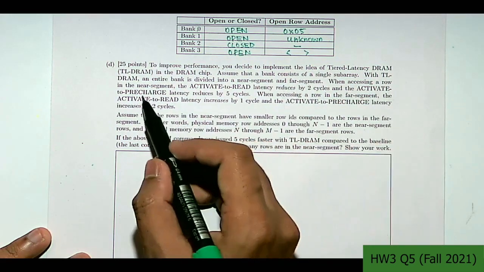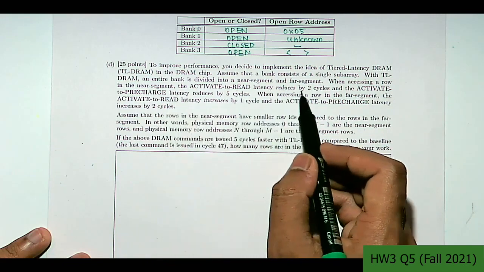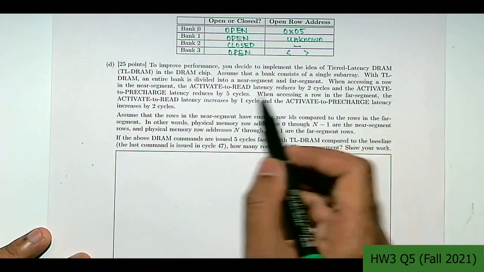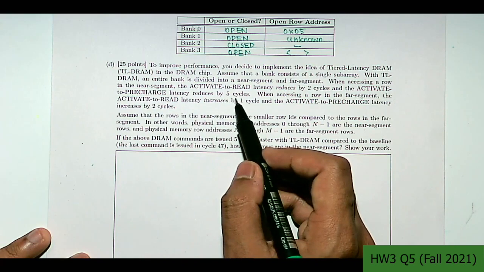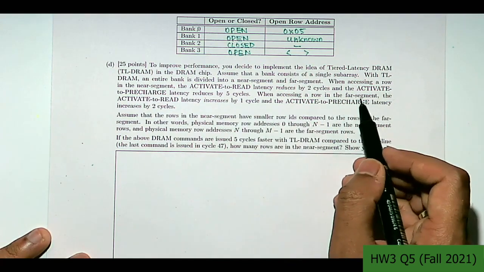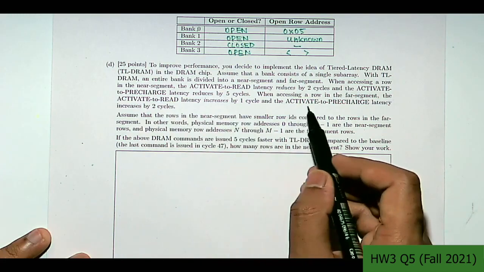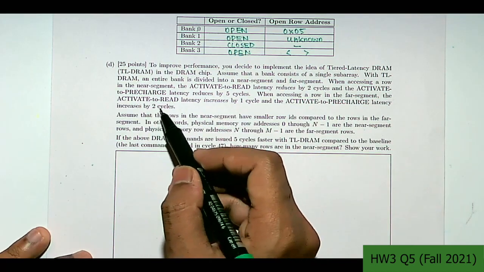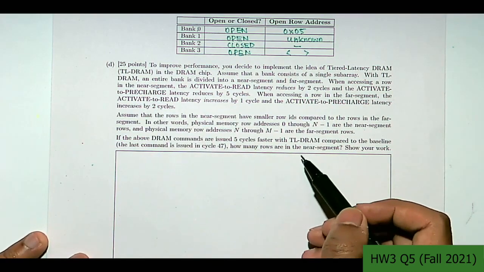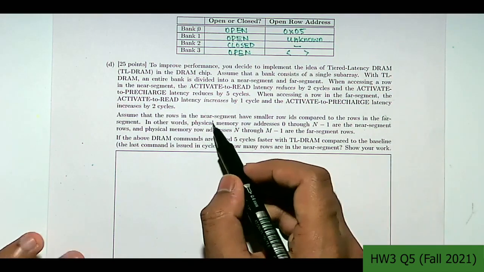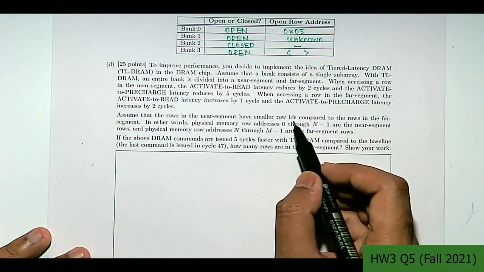When accessing a row in the near segment, the activate to read latency reduces by 2 cycles, and the activate to precharge latency reduces by 5 cycles. Whereas when accessing the far segment, activate to read latency increases by 1, and activate to precharge latency increases by 2. Fine. Now, let's consider the near segment to have the smaller row IDs.